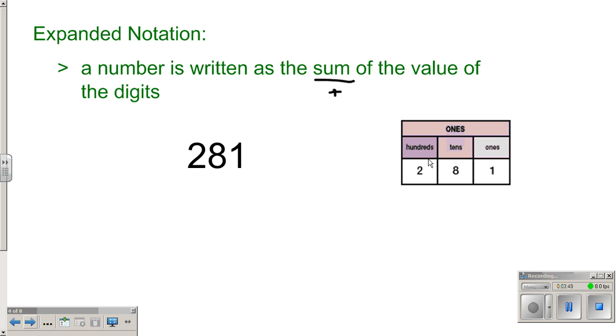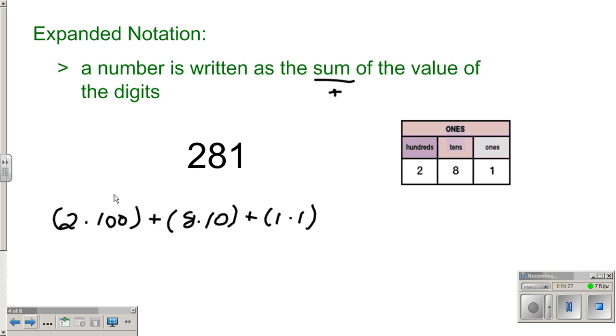When writing in expanded notation, we start with the farthest left number, which is our 2, and the value of that number is 2 times 100. I'm going to put parentheses around it and add it to the next number, 8 times 10, since it is in the tens column. We'll put our parentheses and add that to 1 times 1.